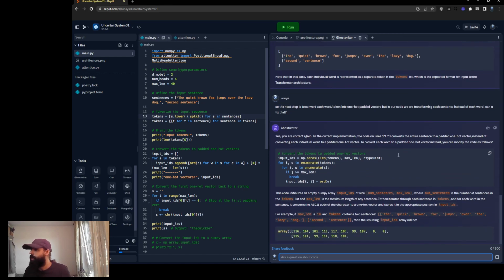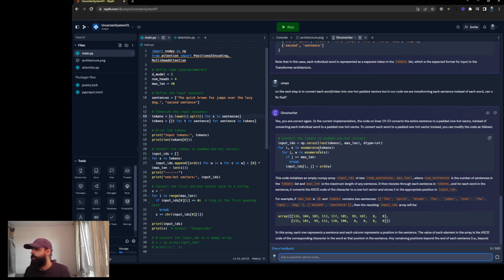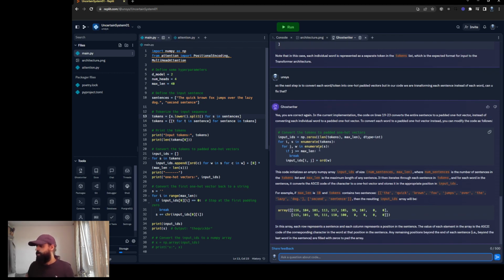Okay, so I think that is definitely convert tokens to padded 1 hot vectors. Yes, I understood that. Each value is the ASCII of the word.